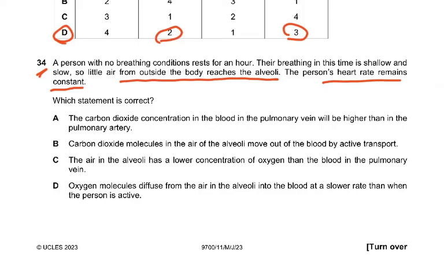He's not exercising. Carbon dioxide molecules in the air of the alveoli move out of the blood by active transport. No, they move out by diffusion. The air in the alveoli has a lower concentration of oxygen than the blood in the pulmonary vein.